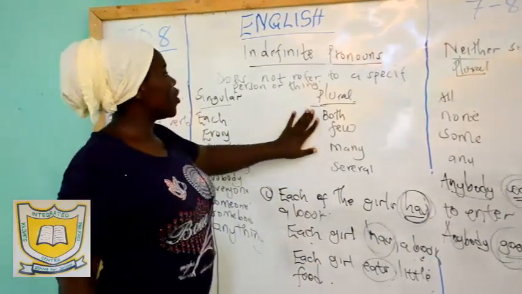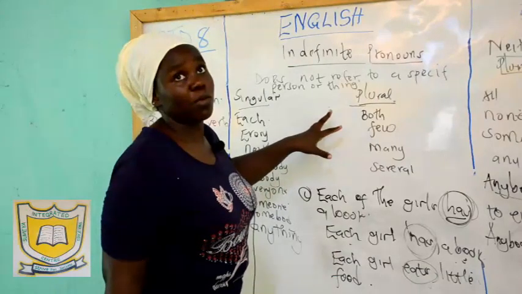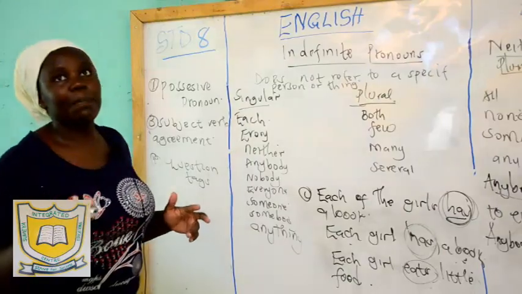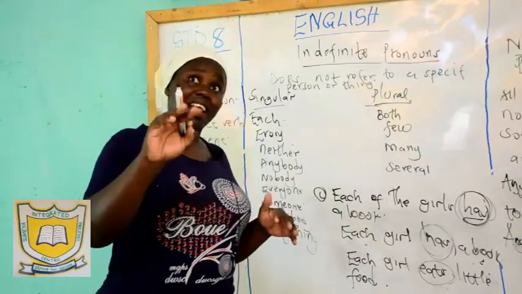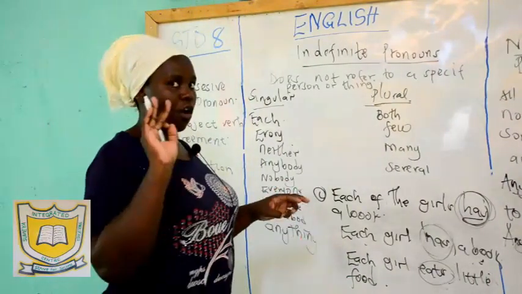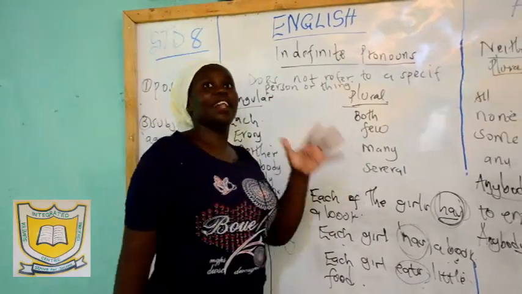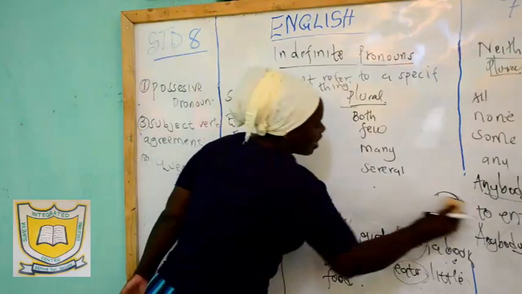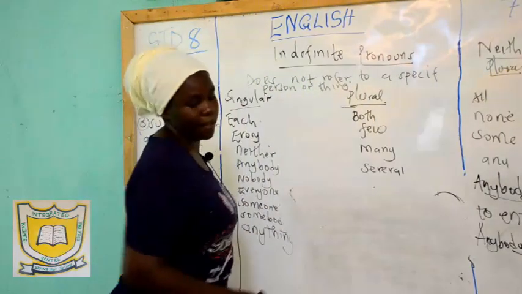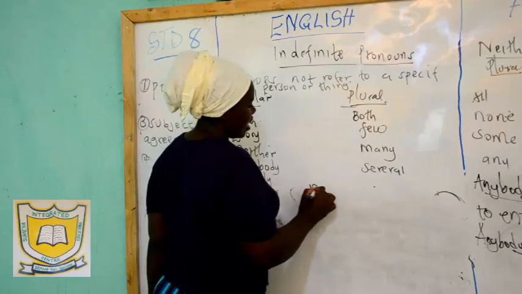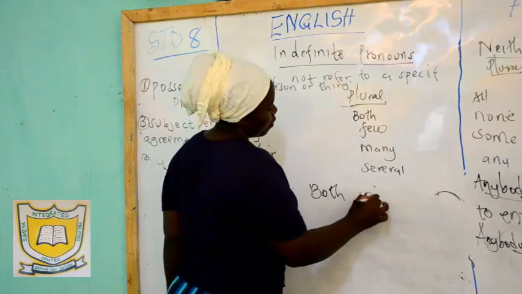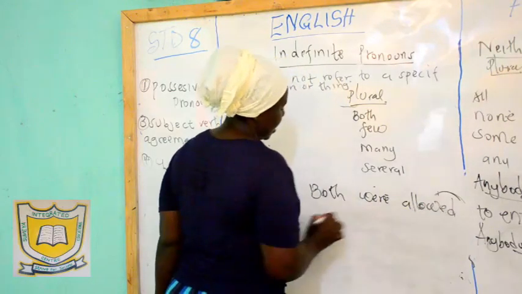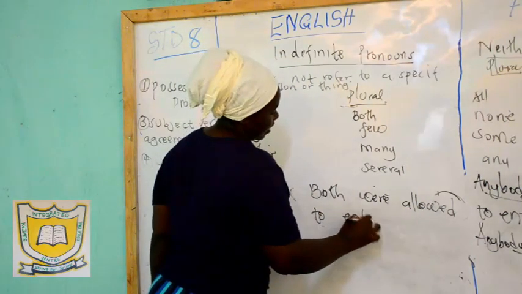When you come to plural indefinite pronouns, they are going to take plural helping verbs and singular verbs in a sentence. Hope you get this correct. Plural helping verbs, but singular verbs in a sentence. So for example, you can say both were allowed to enter.